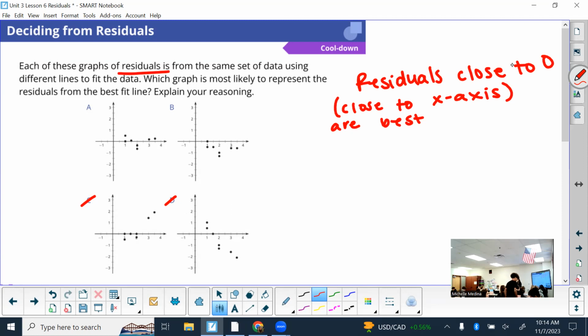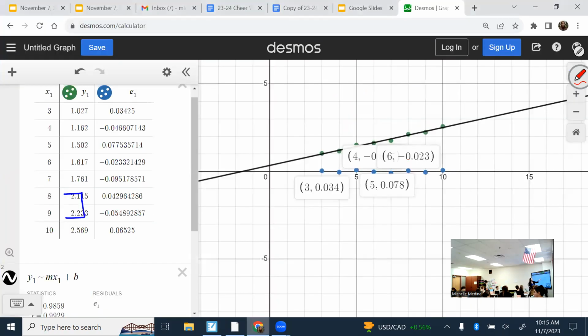We know that residuals close to 0 are best. Now we're choosing between A and B. Notice the difference. When we have a line of best fit, where did we say it has to go through, compared to the rest of the data? So now we're talking about this black line here through the green dots.